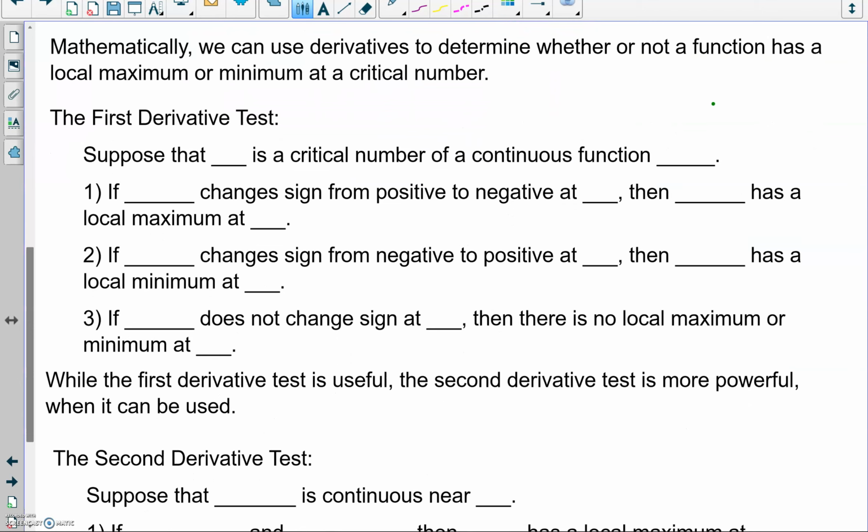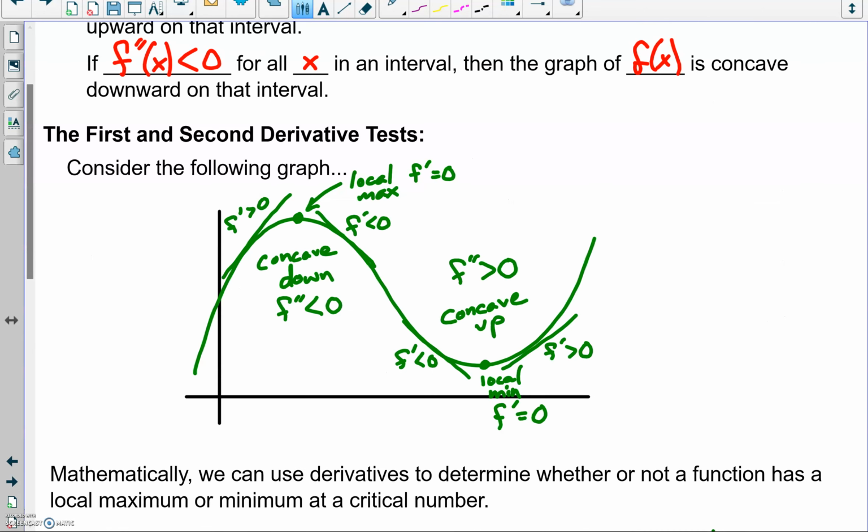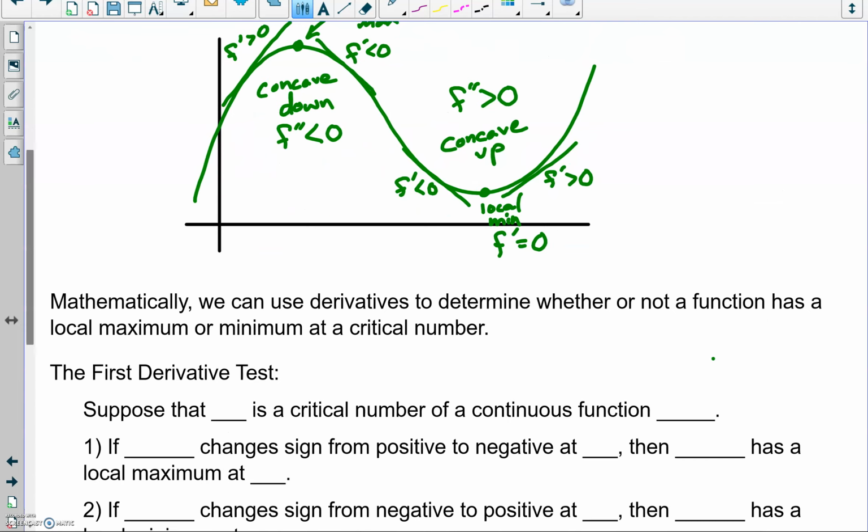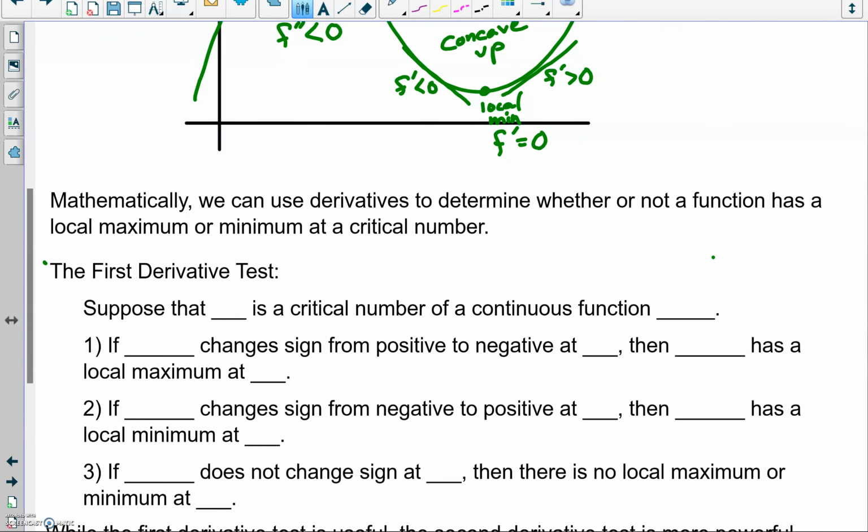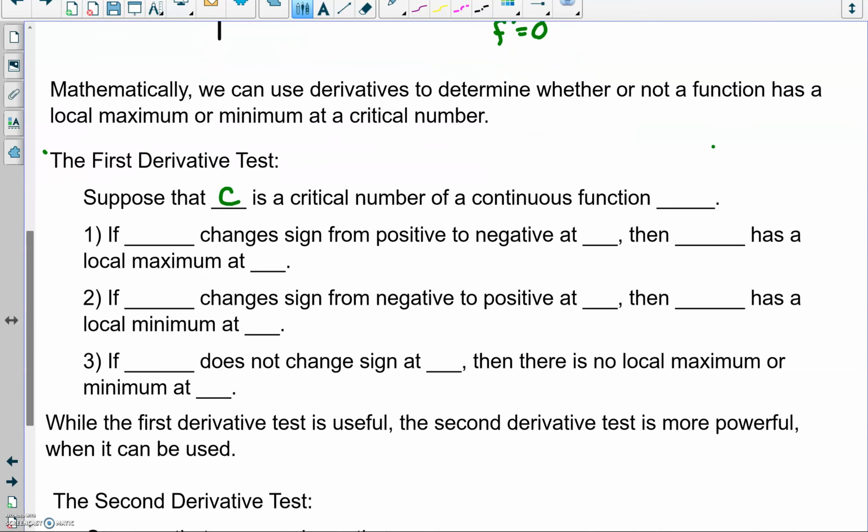So we can use the derivatives to determine whether or not a function has a local max or a local min at a critical number. So we still have to find the critical numbers, and we went over this in a prior video. But if you find the critical number of a continuous function f of x, then you can go through these little bullets here and see if you've got a maximum, minimum, or none, as indicated by what's happening with your derivatives.